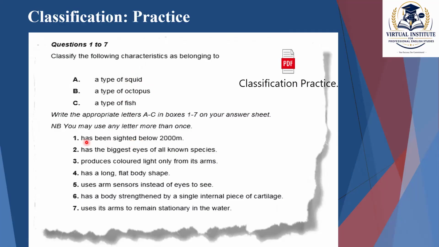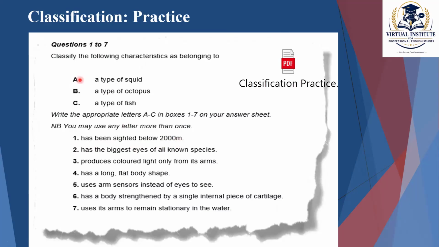Now, we need to answer question number one: which of these three things has been sighted below 2000 meters? So what is the keyword in this statement? What will we be looking for in the passage in question number one?